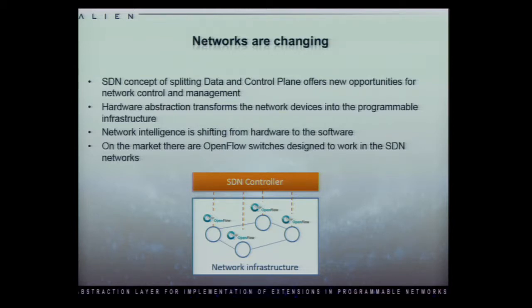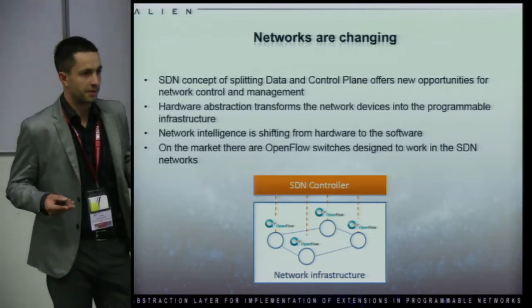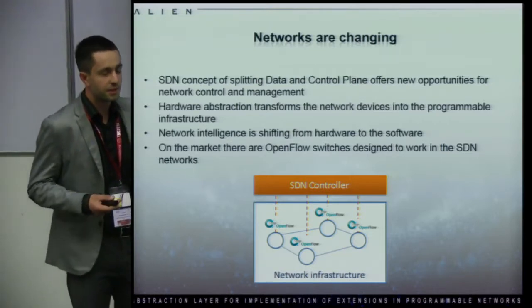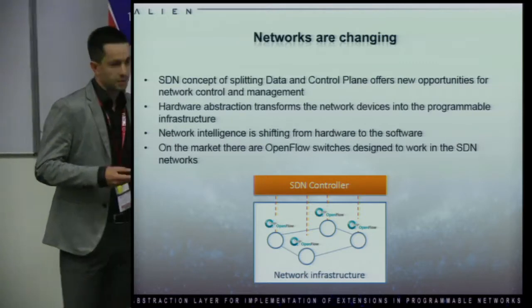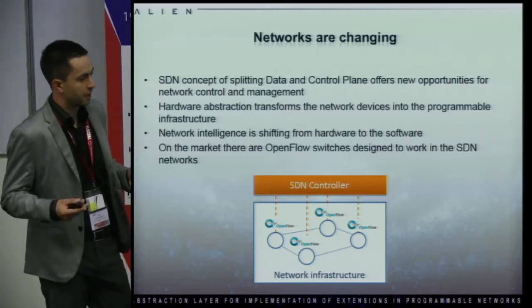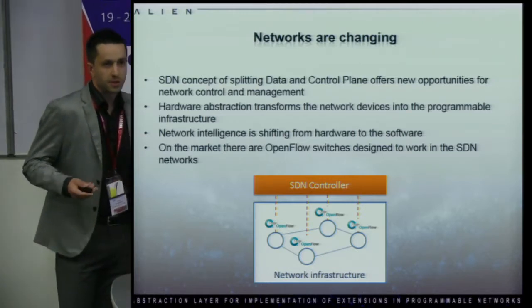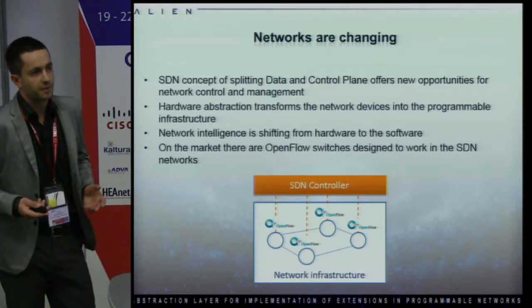The consequence of splitting the data and control plane is shifting the network intelligence from the hardware into the software, into a central point, the SDN controller, with a global view of the whole network. And it's not a melody of the future, it's something happening now.